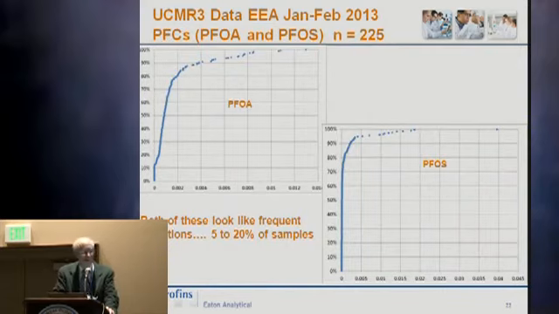Now let's look at PFCs. And if you look at this data, remember I said earlier that the methods were capable of going lower than what the UCMR methods are. So in this case, if you look at these going down to basically sub-PPT levels, it looks like we've really got some pretty frequent detections for both PFOS and PFOA.